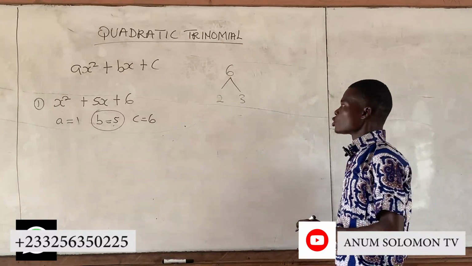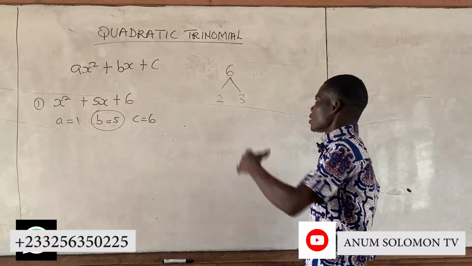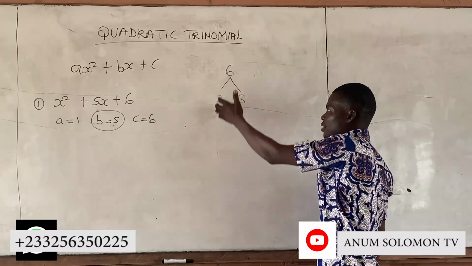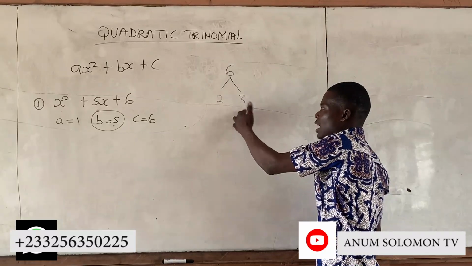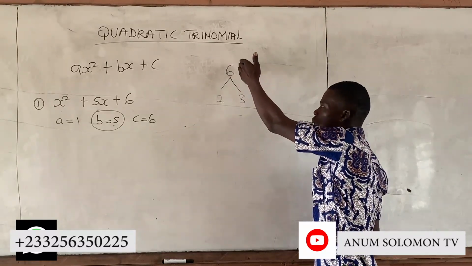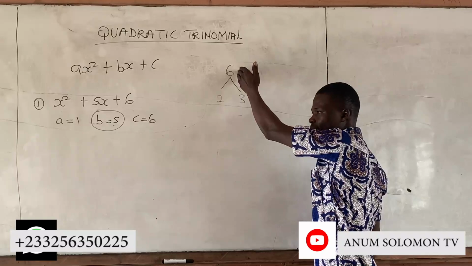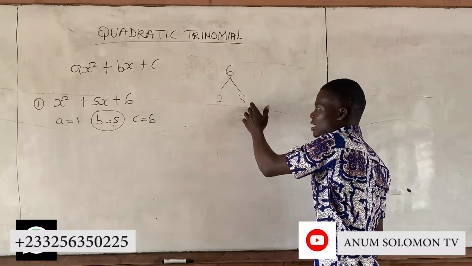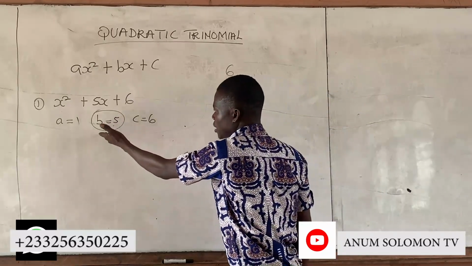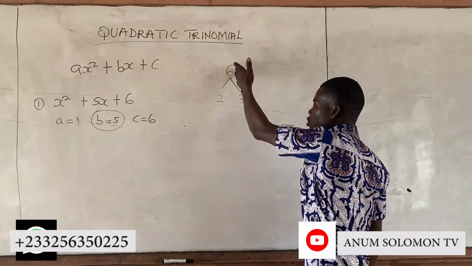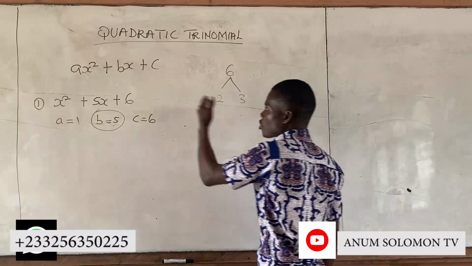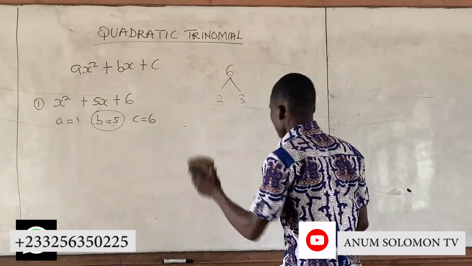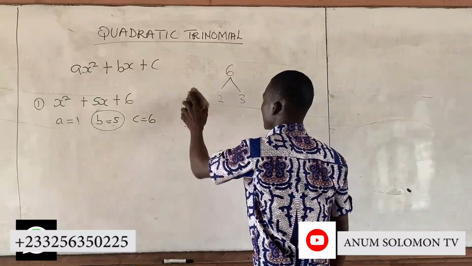That's the 6. So anytime you get a problem like this, you have to find the factors. After finding the factors, multiply the factors, and you get the product of a and c. Then add the same factors and check whether you get the value of b. If you multiply and get the value of ac, and when you add, you get the value of b, then the factors fit into the expression.